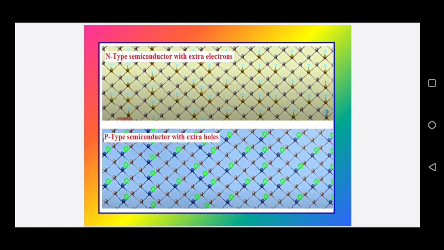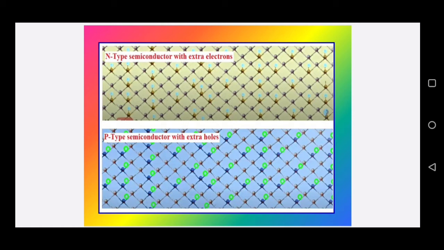Like this, when boron atom is doped with silicon, here boron atom is having 3 electrons, which is 1 electron lesser than silicon. So here a hole is formed for each atom.